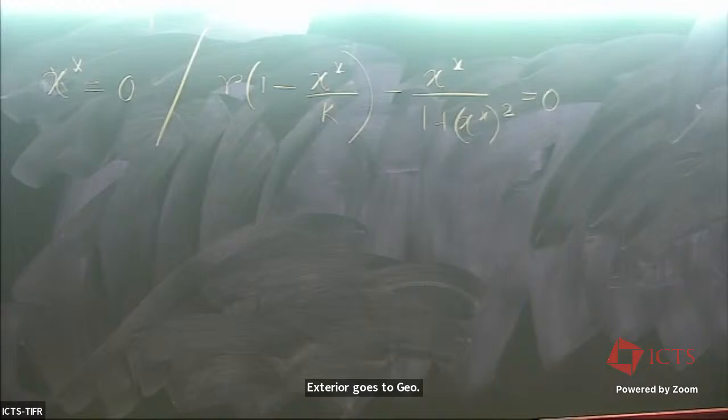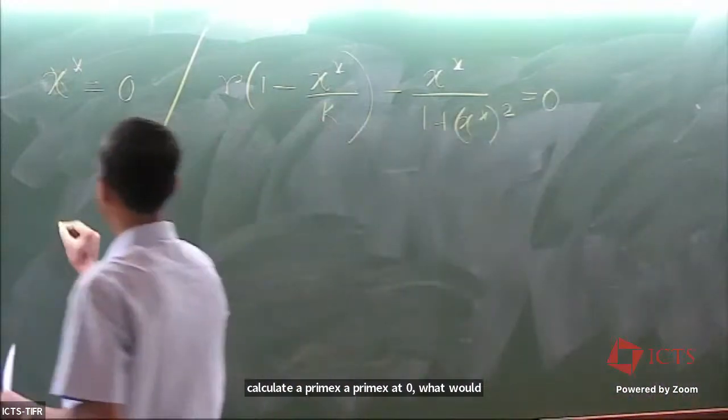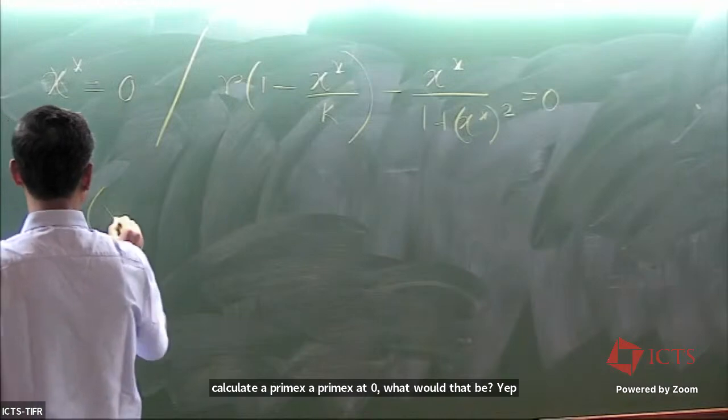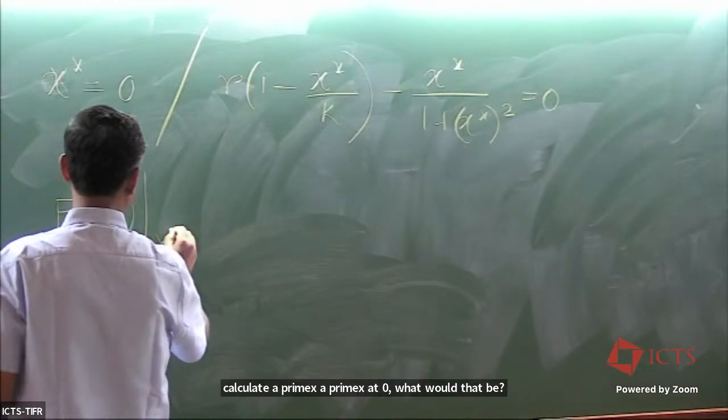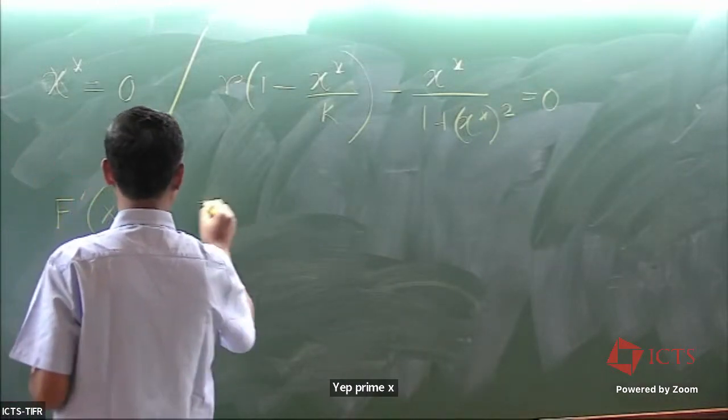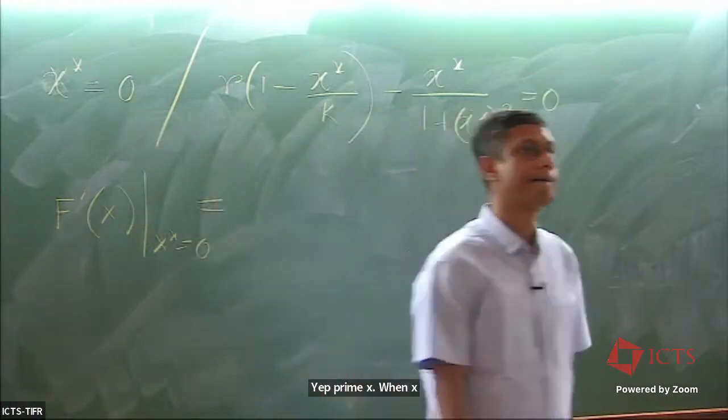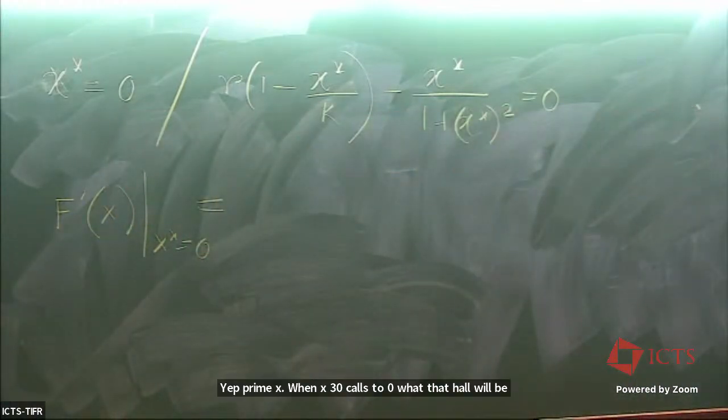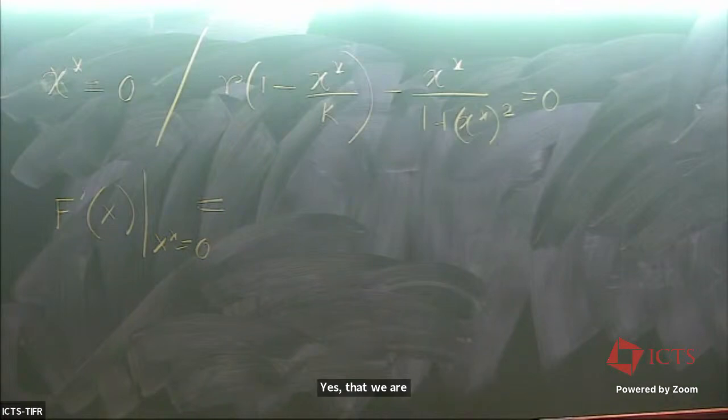Because you see all the other terms, if you just calculate a prime x at 0, what would that be? A prime x when x star equals to 0, what that value will be? Yes, that will be r, right? Because all the other terms, they will include x.